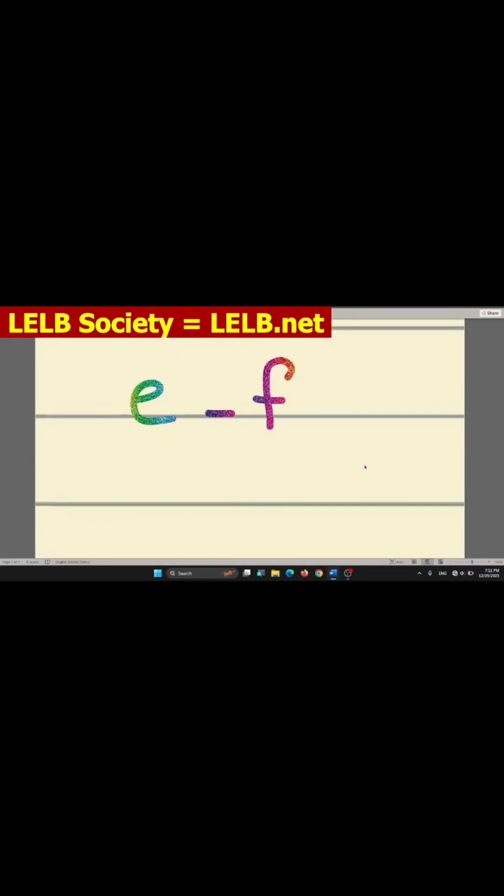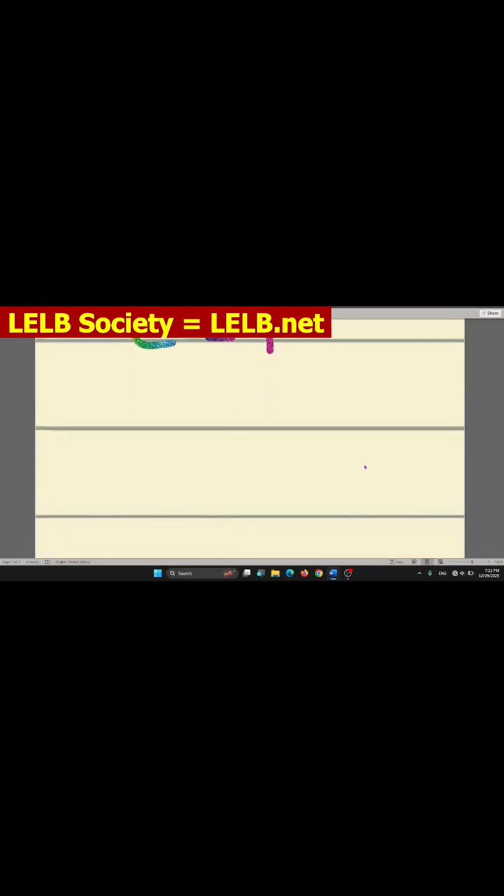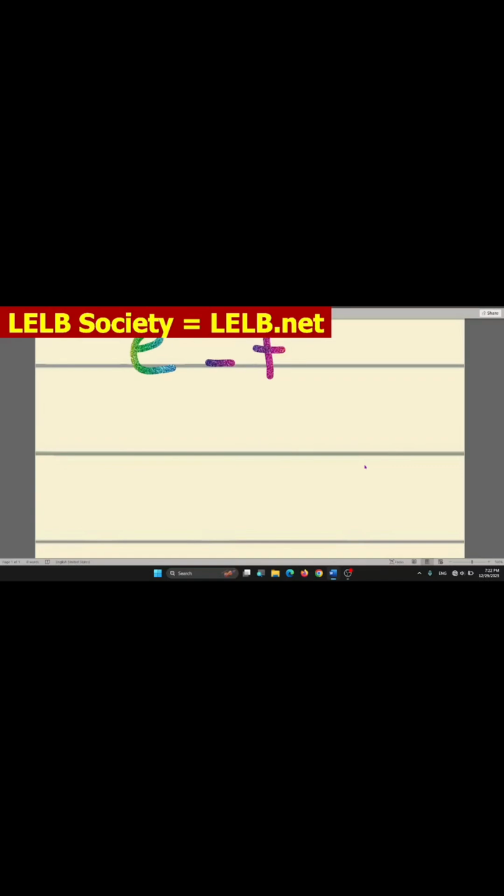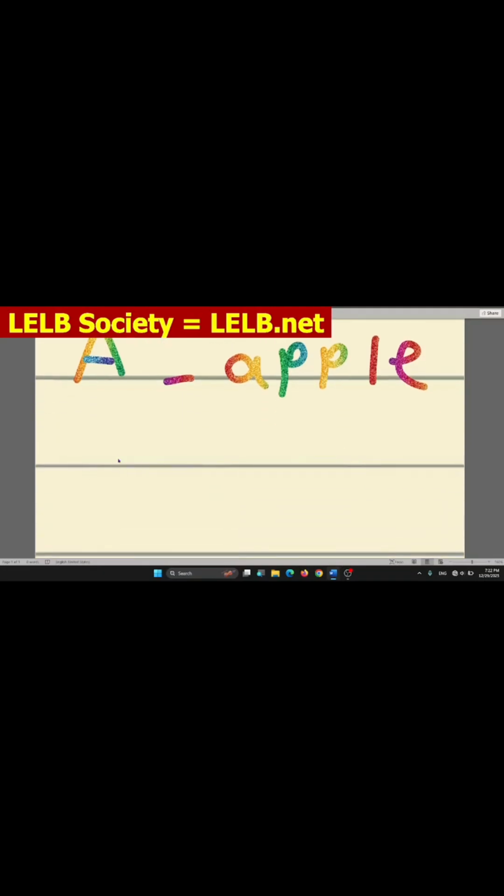Let's write some simple words. For example, for A, we can say apple. A, P, P. We don't have L and E yet, but anyway. So A is like apple.